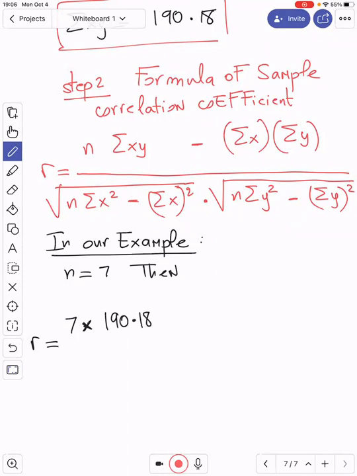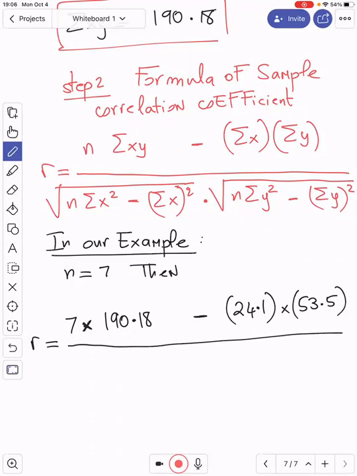Okay. And then minus the sum of the X's, I think we said it's 24.1. So this is 24.1 times the sum of the Y's, which I think was 53.5, over.